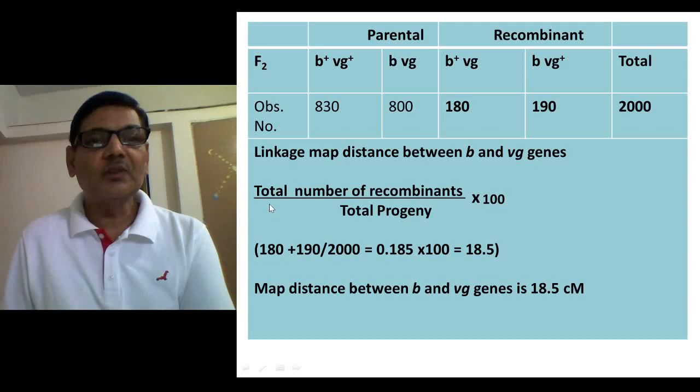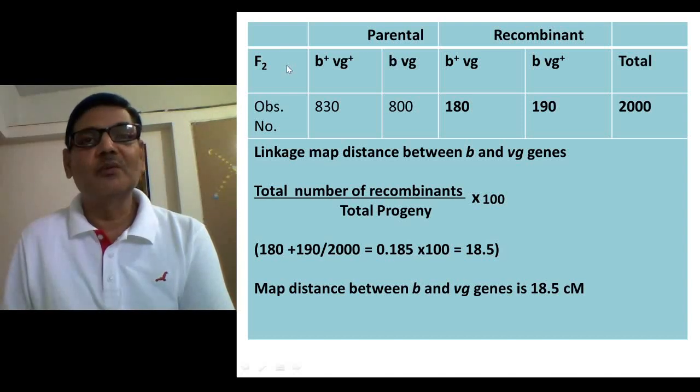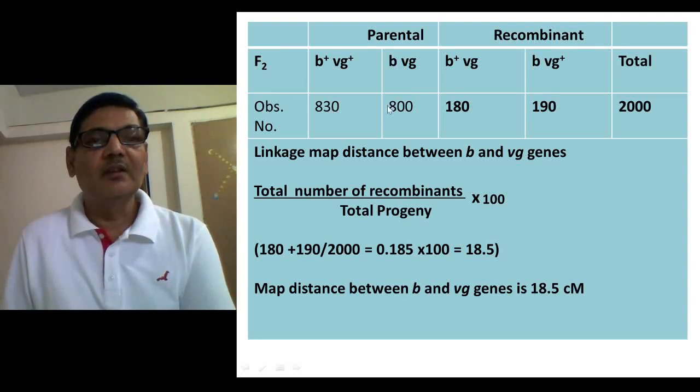So see here, there is data. In this case, you can consider that the F1 female fly was crossed with the mutant, and you got these 4 different types. That is flies having B plus and Vg plus, these are parental, and B Vg, these are parental.